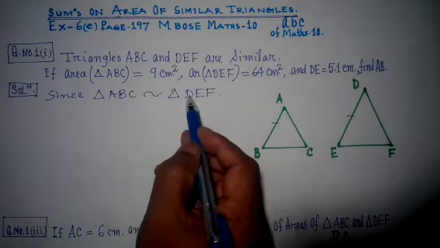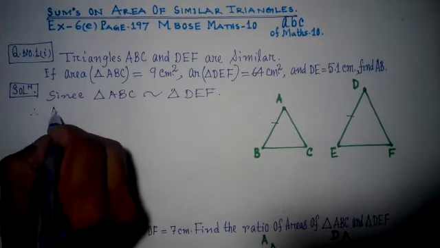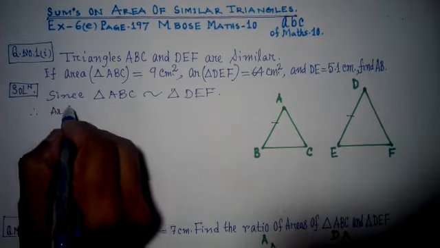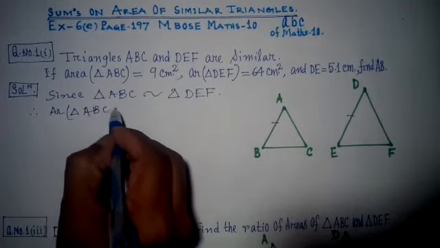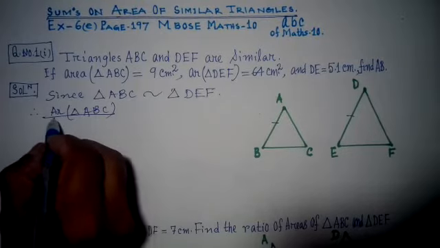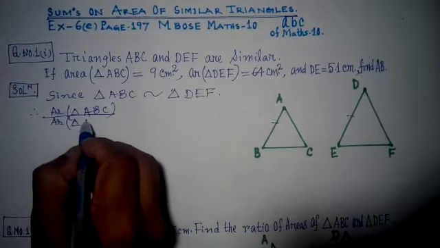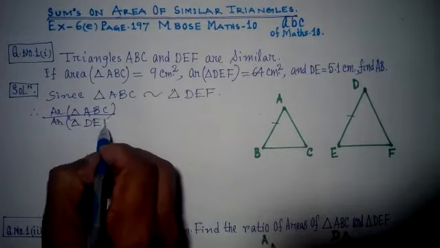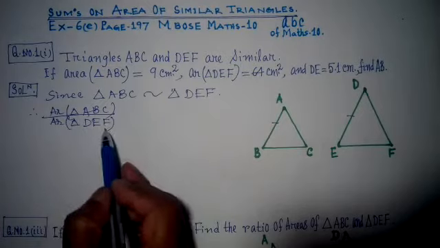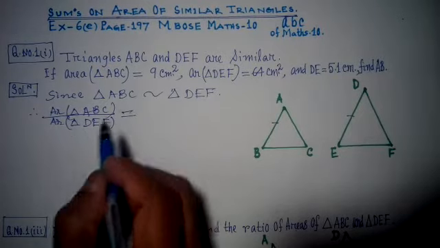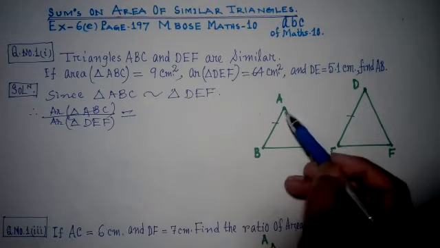So this and these are similar. Therefore, we can write area of triangle ABC divided by area of triangle DEF. So this is the ratio of the area of two similar triangles, equal to what? The square of the ratio of their corresponding sides.